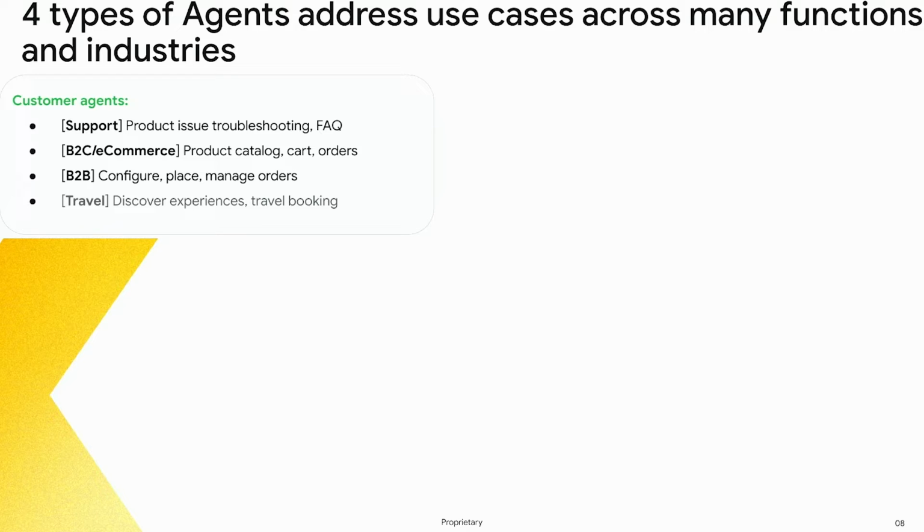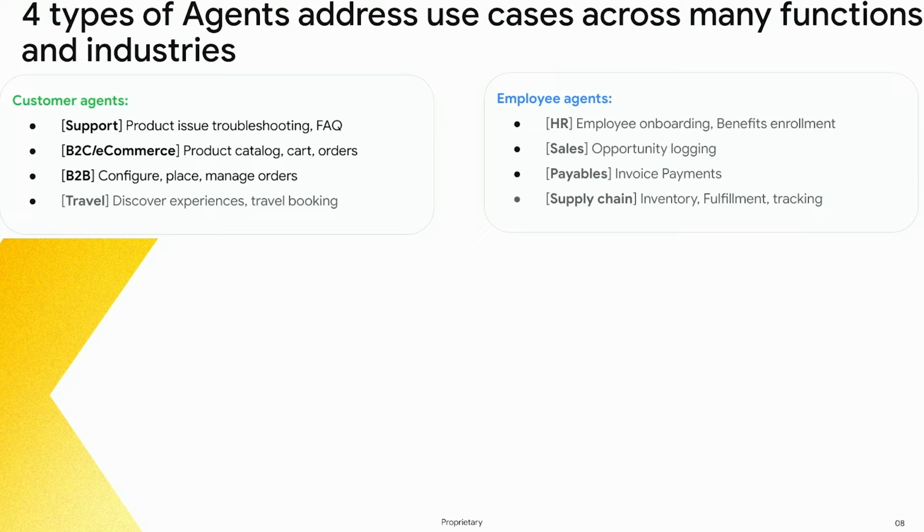Travel is a good example of this, and Josh is going to spend some time talking about this as well. There are also employee agents, which are used for a variety of functional roles, whether it's assistants, HR, sales, accounts payable, or supply chain. There's a slew of other functions that we've seen this being used for.